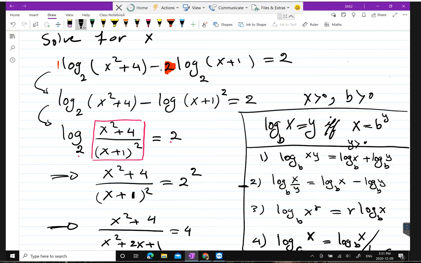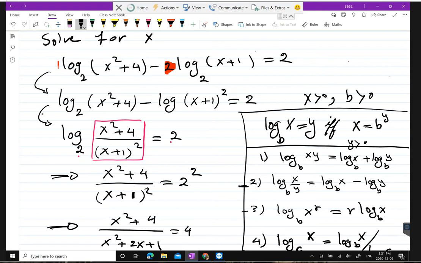But here I have minus 2, so I can move this 2 to the power by using number 3 first. So I can rewrite it as log of x squared plus 4 base 2 minus log of x plus 1 to the power of 2, and then we have this one.